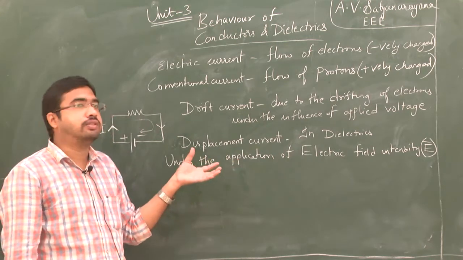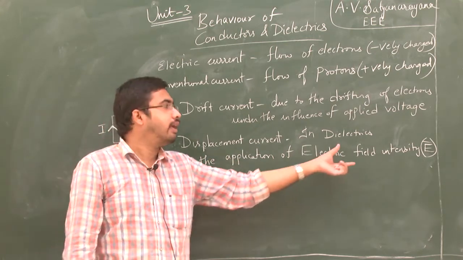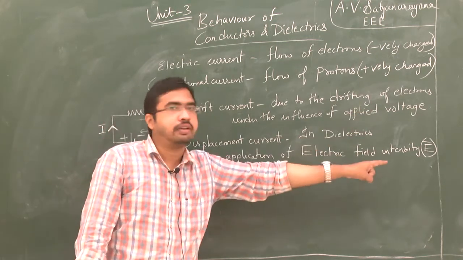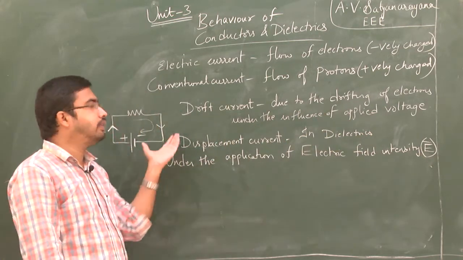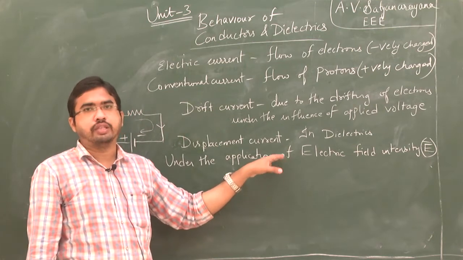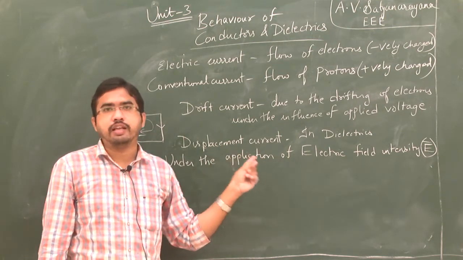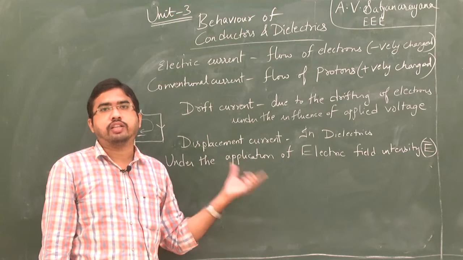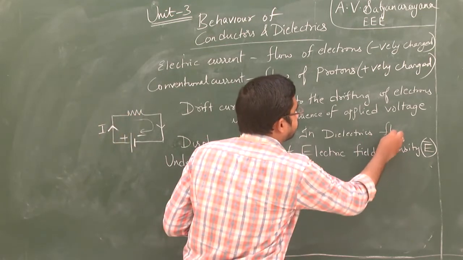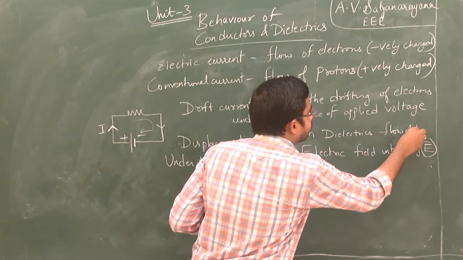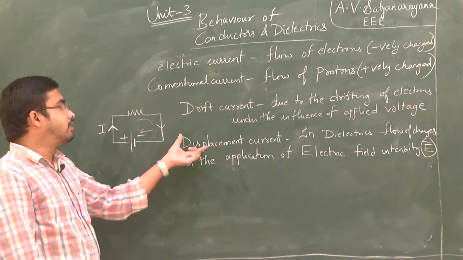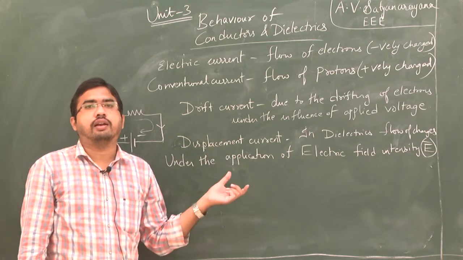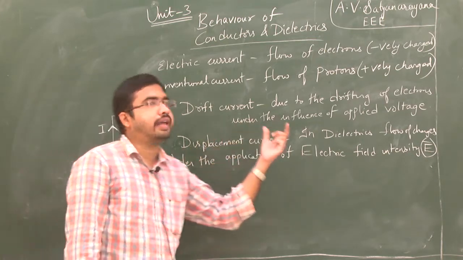But under the influence of an externally applied electric field intensity E bar, some charges will start flowing. That means current will start flowing in dielectrics. That current is called as displacement current or convectional current. So, this displacement current is particularly defined for dielectrics.